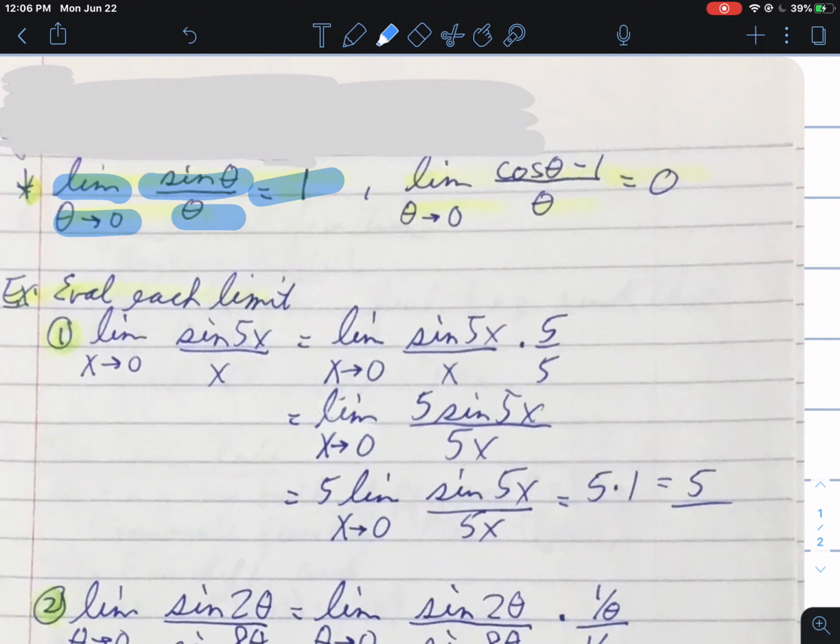Similarly, there's a limit for our cosine function. The limit as theta approaches 0 of cosine theta minus 1 over theta equals 0. Now notice in this case, if you plug 0 in place of theta, again, you have a 0 denominator. Plug 0 into your cosine function, cosine of 0 is 1. And so again, I get 1 minus 1 or 0. That's a 0 over 0 situation.